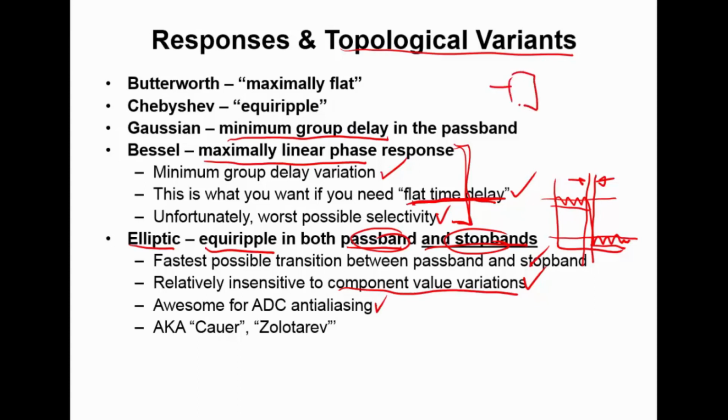As you are no doubt aware, if you have an analog to digital converter, you have to be careful to put some kind of filter in front in order to eliminate everything that would violate the Nyquist criterion for sampling. And a very nice feature in that filter would be if you can have some kind of passband response and then come down very hard and then go like this.